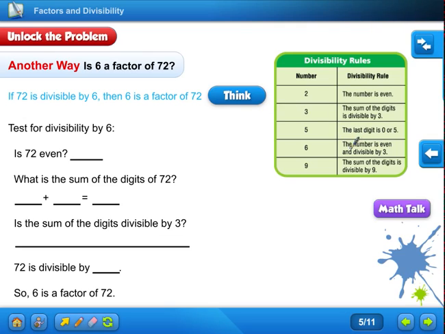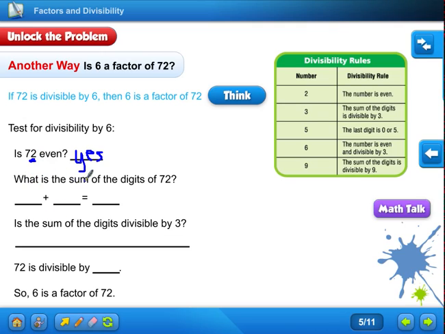First, for a 6, is the number even? Is 72 even? Yes. Does it end in a 0, 2, 4, 6, or 8? This one ends in a 2, so yes it is.